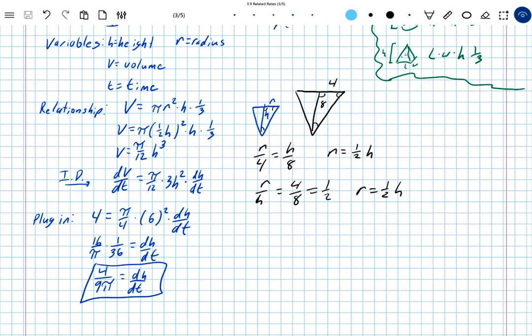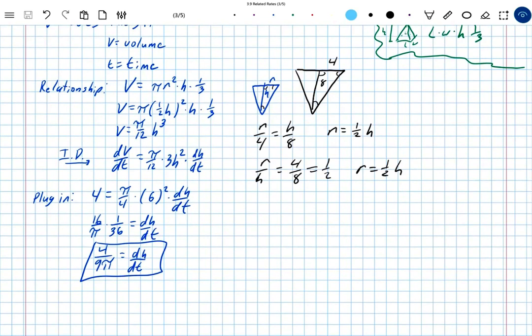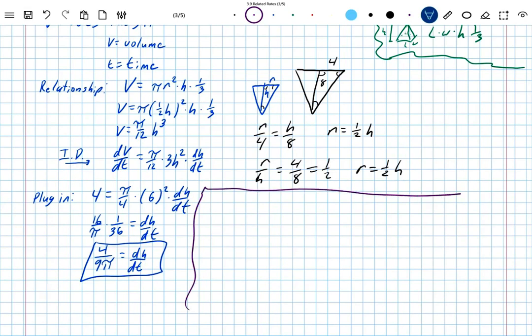All right. One last note on this problem before I move on to another one. Let's just say for a second that we weren't so smart, that we didn't solve for r. Then we really could take this V equals pi r squared h times 1/3, and I really could say dV/dt equals pi over 3.